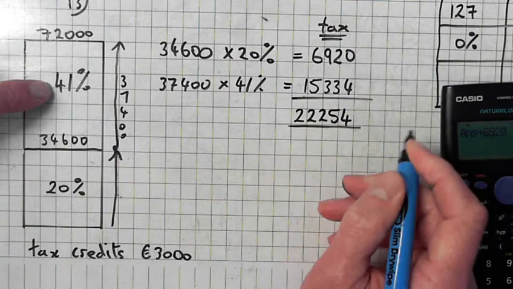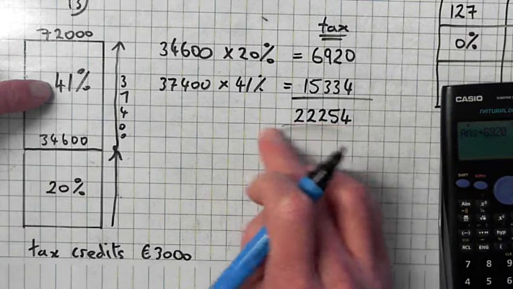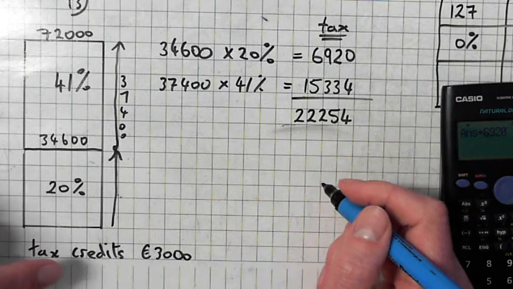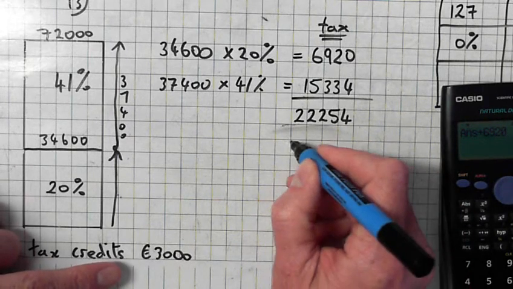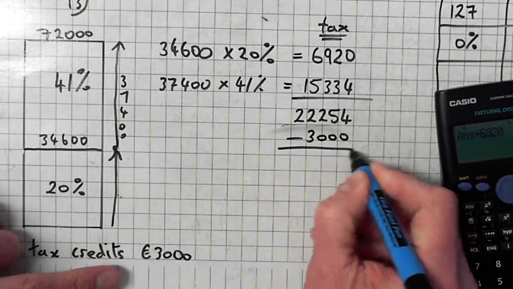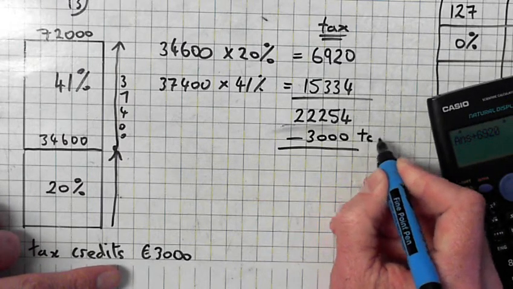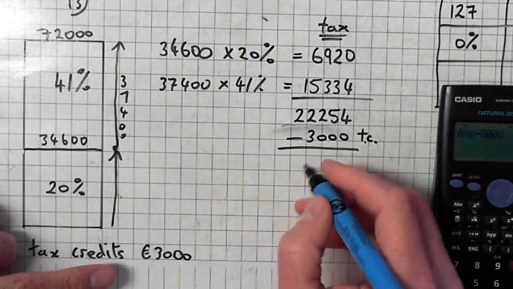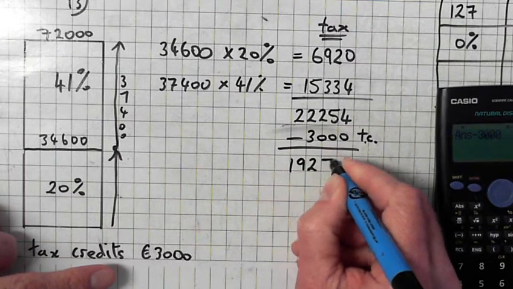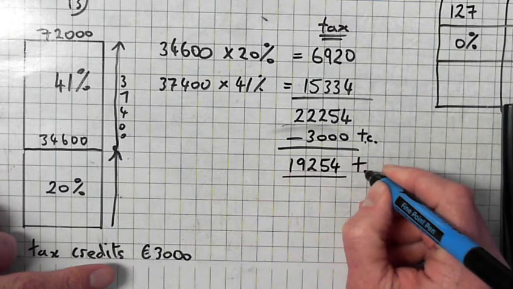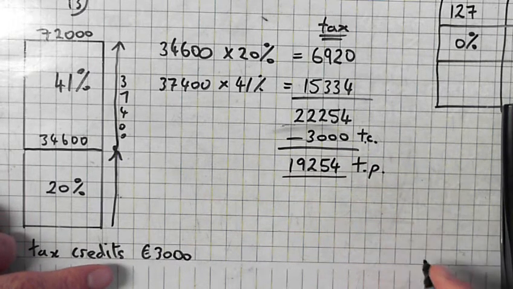Alright, that's tax, but that's not tax payable. That's the amount of tax he pays at 20% plus 41%. So what do you do with your tax credits now? Yeah, you take them away. Take away your TC, your tax credits. 19,254. That's your tax payable. I call it TP, tax payable.